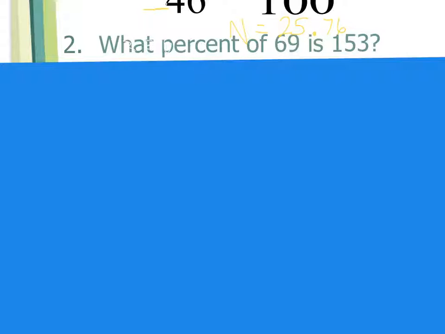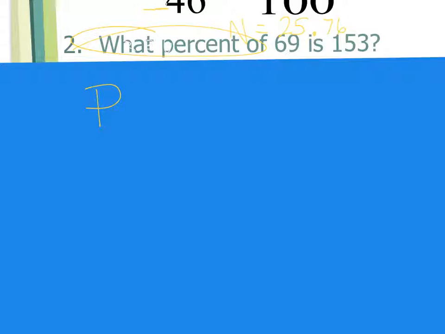It's asking what percent. Because it says what percent, I'm going to put p as my variable. P for percent. What percent of 69? That means that you took a specific percent of 69 and it gave you 153.